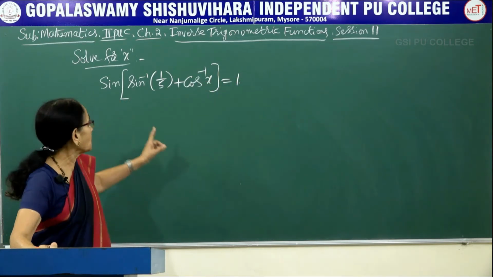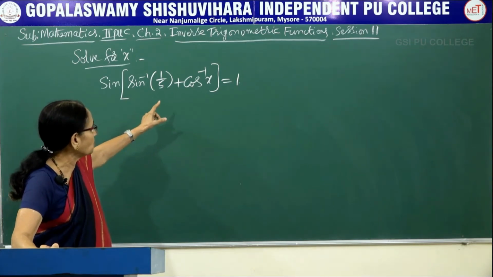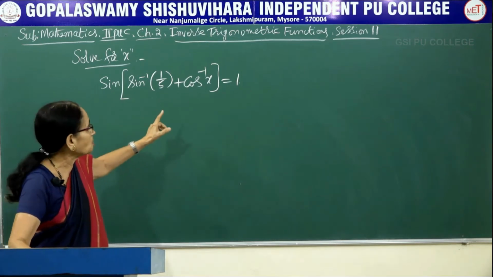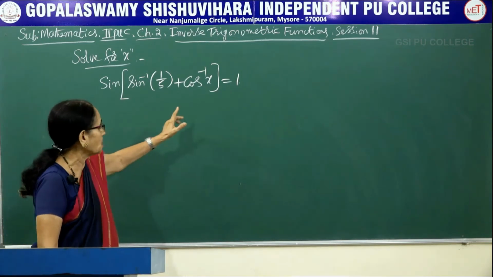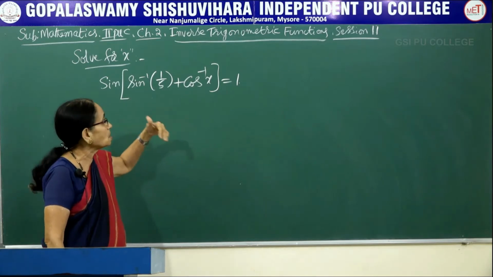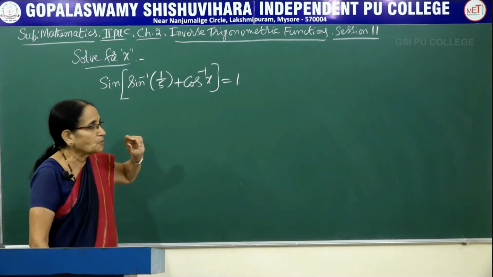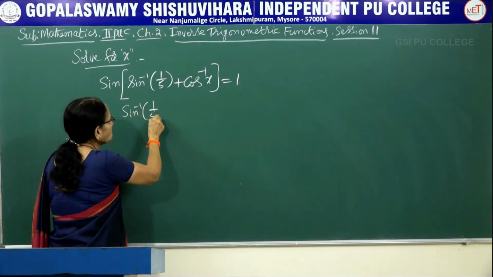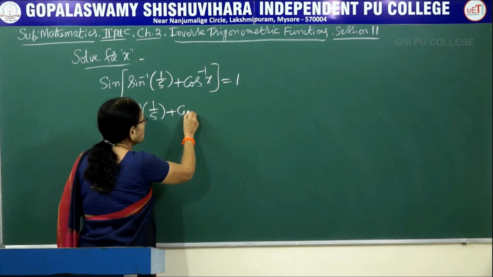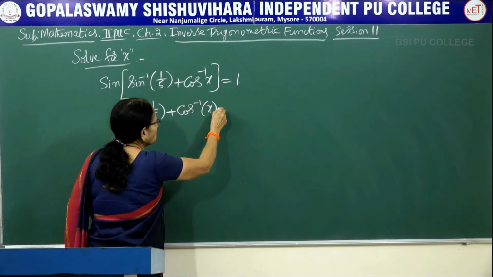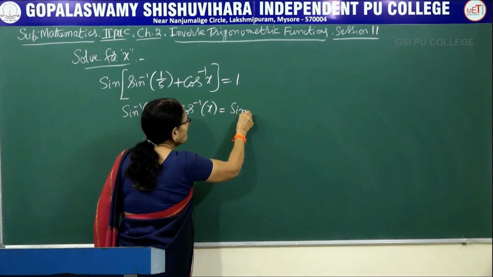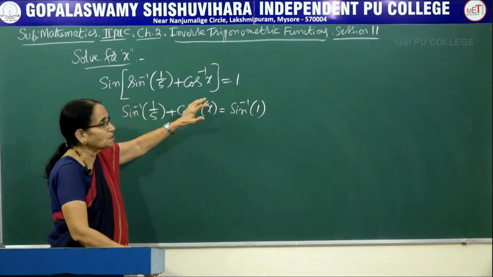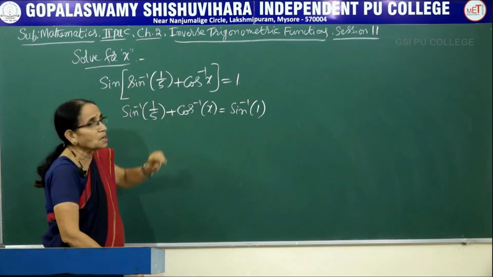Now look here, we have sine of sine inverse 1 by 5 plus cos inverse x equal to 1. X, the unknown quantity, is present in only one position. So we use the properties and the definition of the inverse trigonometric function. Now, sine of something is equal to 1 means this can be written as sine inverse of 1.